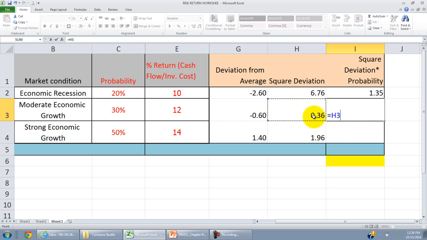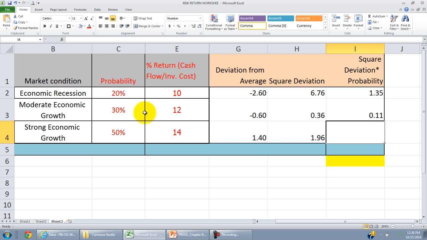Second scenario is 0.36 multiplied by 30%. And finally, we have 1.96 multiplied by 50%. Then, just like in the situation of expected rate of return, we add those three numbers up: 1.35 plus 0.11 plus 0.98.